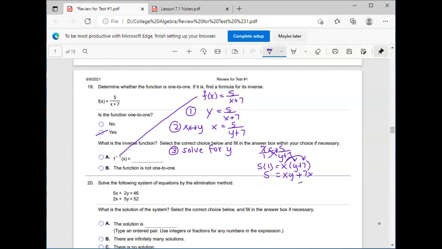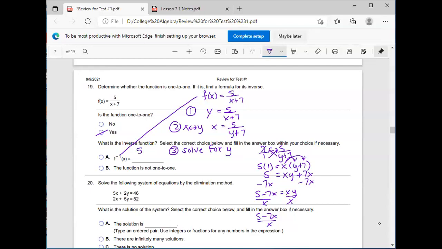Okay, we can subtract 7x. And so 5 minus 7x is equal to xy because we're trying to get that y by itself. So finally, we could divide everything by x. So we'd have 5 minus 7x over x. And the right answer is not this, not that.